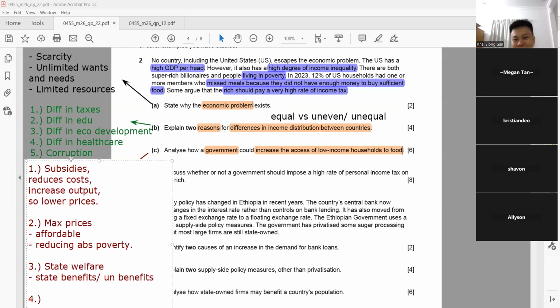Donation? No. Direct provision. Direct provision of goods and services. They provide directly. Direct provision of goods or free meals directly.